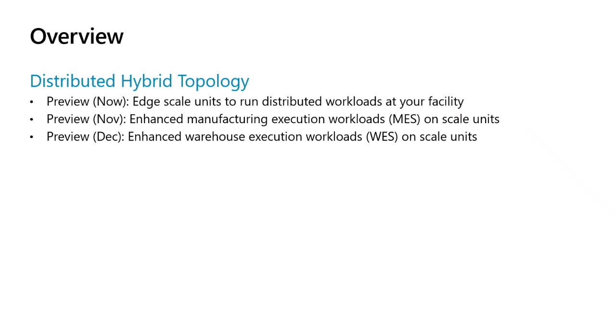So in the manufacturing space, there are some enhancements around being able to register material consumption for production and batch orders, as well as being able to start production and batch orders from the workload on the edge or scale unit. And then on the warehouse side, we have some enhanced support for being able to complete the full wave process on the scale unit, as well as being able to do some exception handling of work such as short picks.